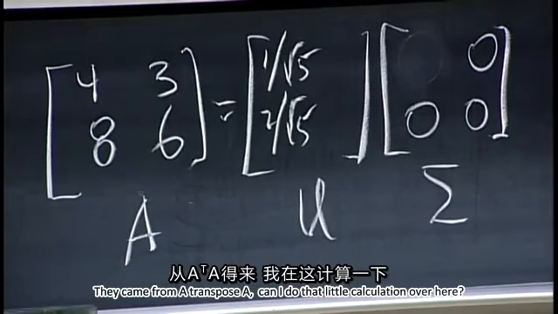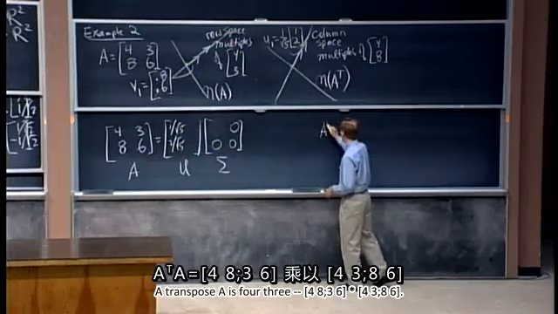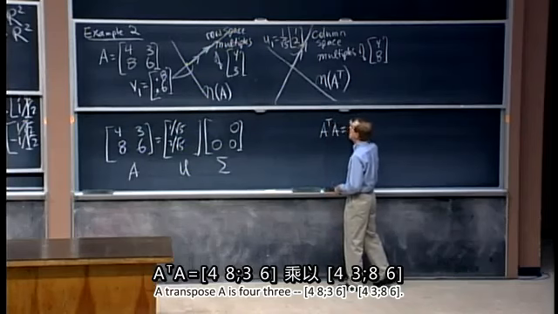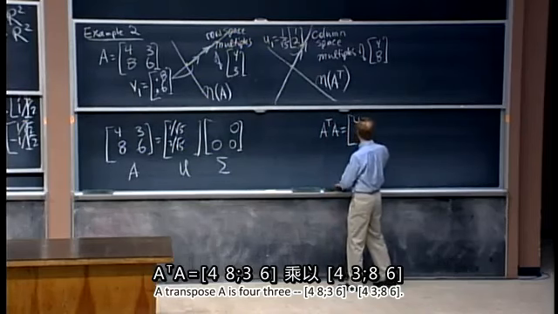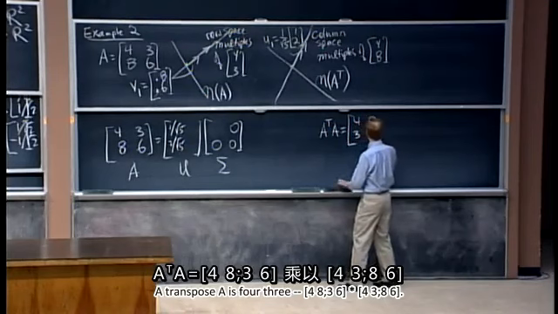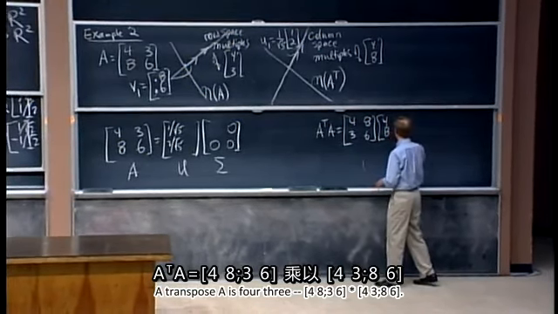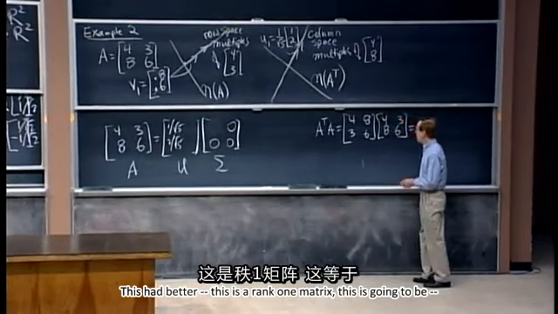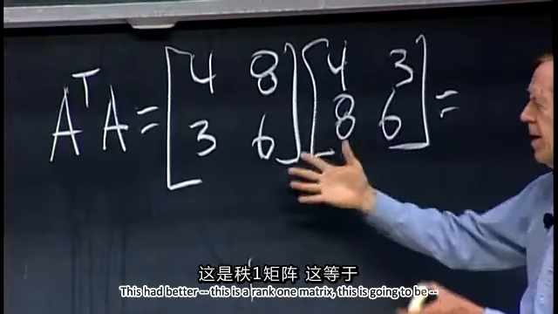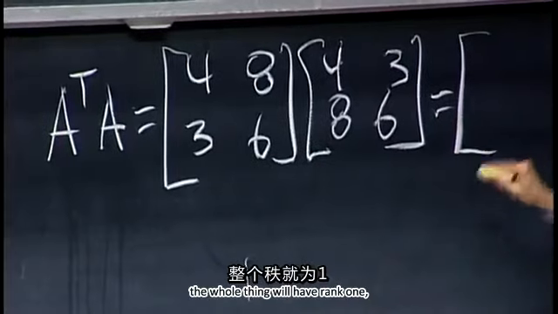They came from A transpose A. So can I do that little calculation over here? A transpose A is 4, 3, 8, 6 times 4, 3, 8, 6. This is a rank 1 matrix, the whole thing will have rank 1.